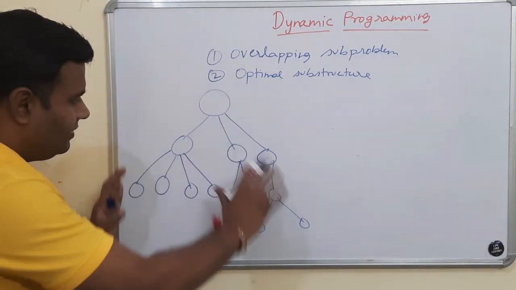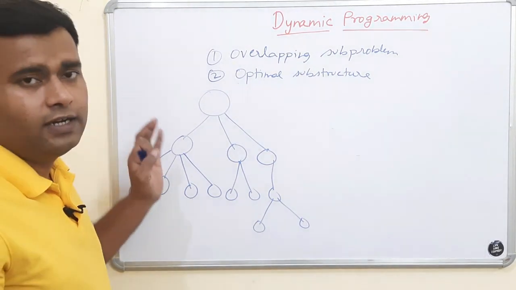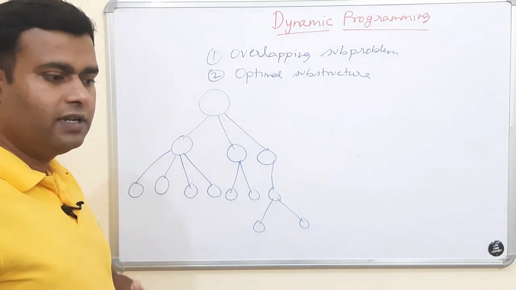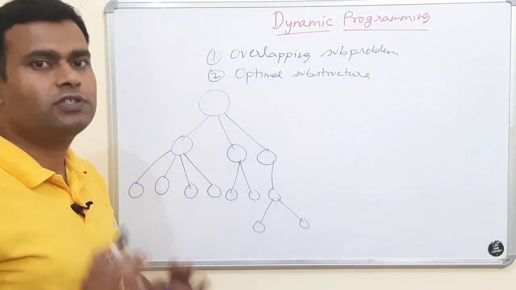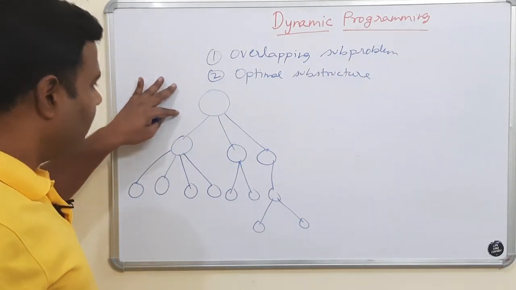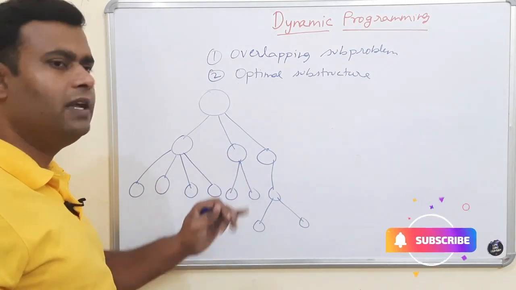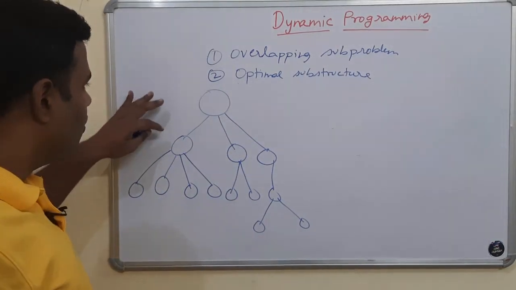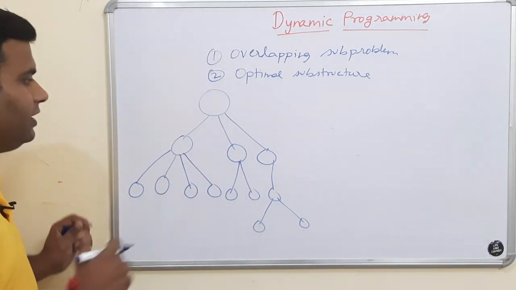It's just like recursion, where we divide the problem into problems of similar nature but reduced size. Here we are dividing the problem into smaller subproblems, and these subproblems can be a little bit different as well. So we have divided this and created a subtree.